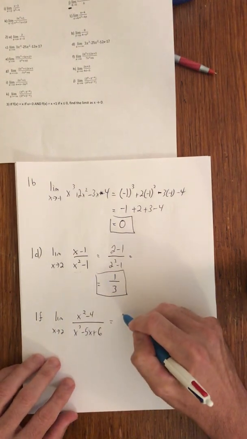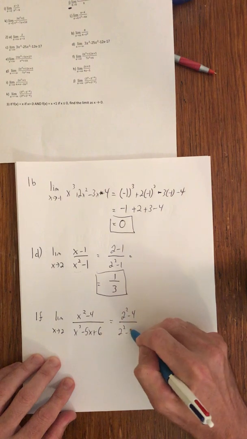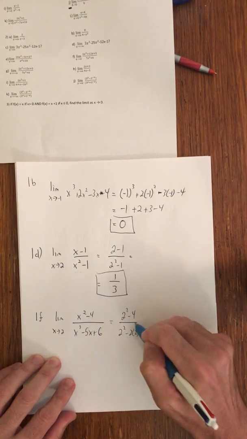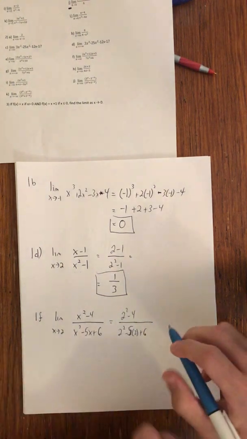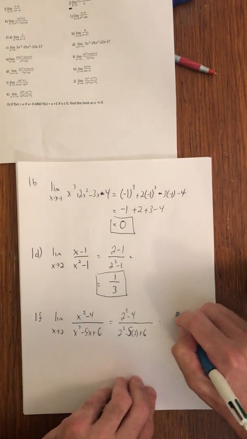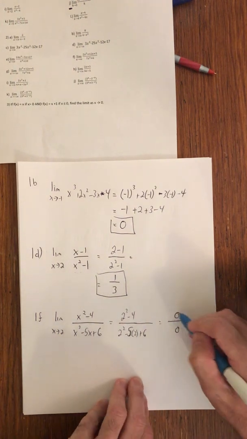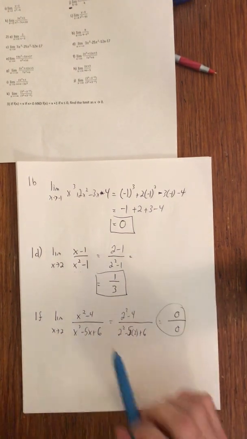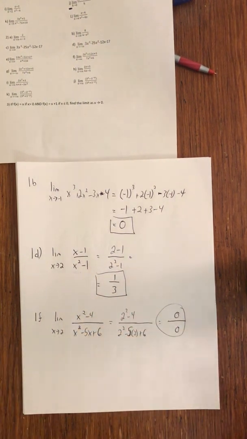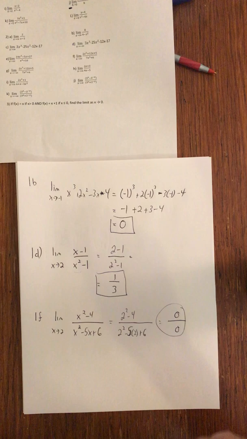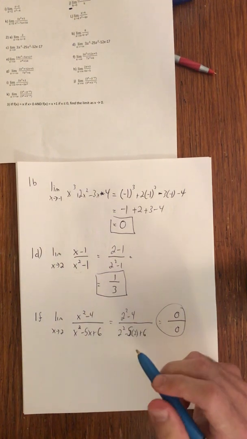If I do my plug-in, I get 2 squared minus 4 over 2 squared minus 5 times 2 plus 6, which gives me 0 over 0. I got an indeterminate form, and so I say to myself, the first thing I'm going to do here is factor, because I don't want to go to my last resort of the numerical evaluation unless I have to.